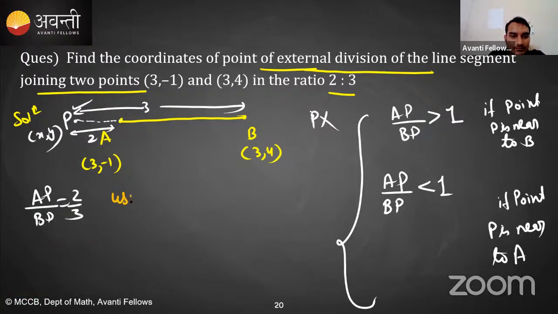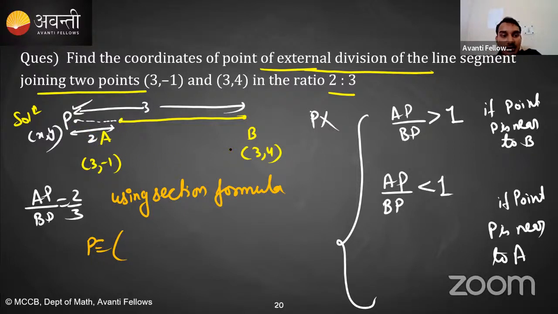So using the section formula, what is the formula? What will point P be? Now this 2 is near to A, yes or no? So 2 will get multiplied with the coordinate of B, and this 3 is near to B, yes or no?